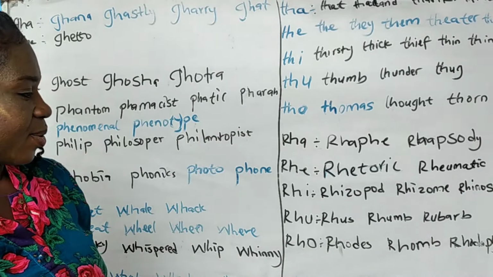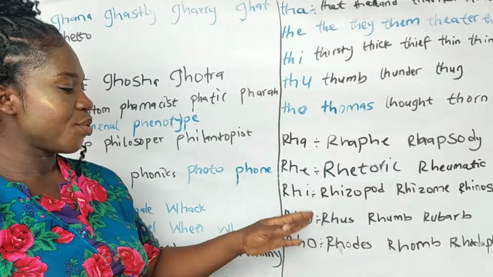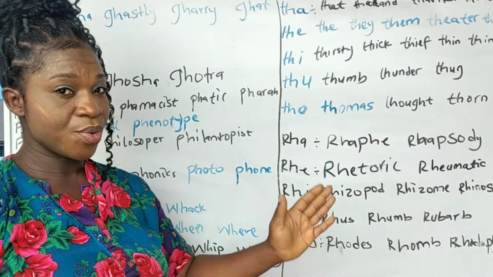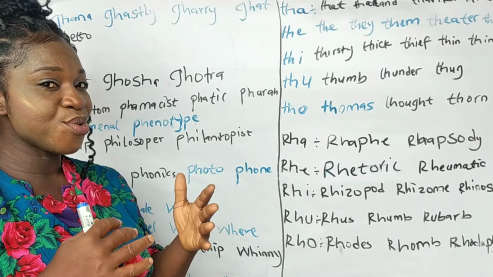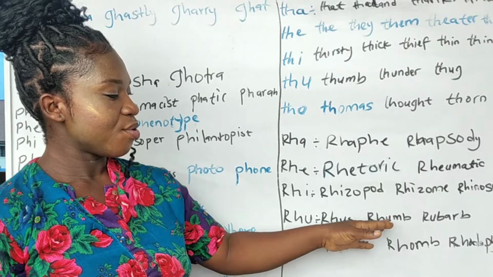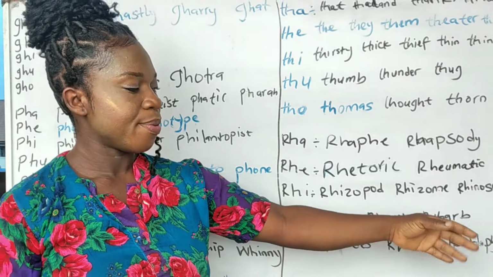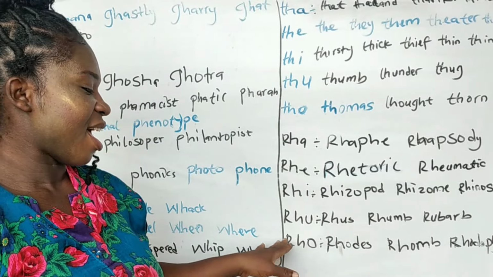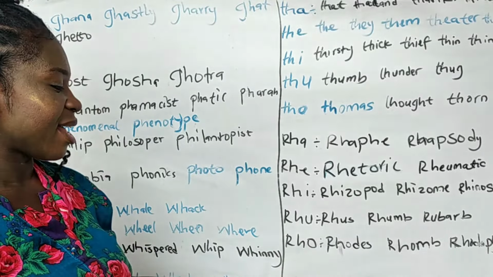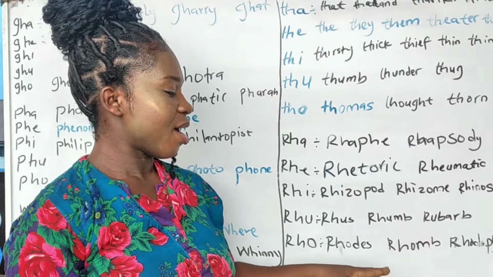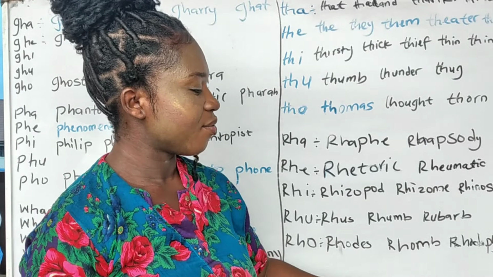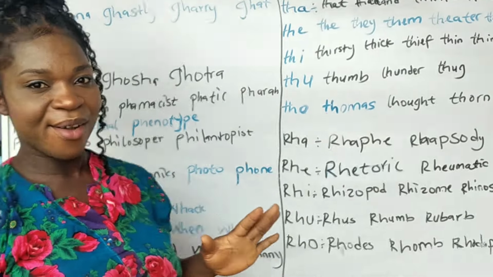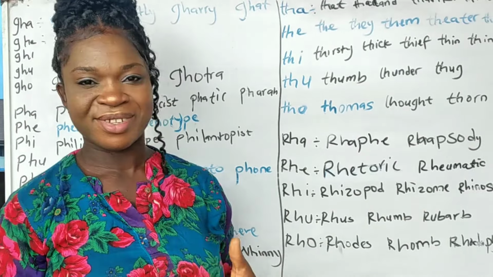Okay, so we have the rule, we have ruse, not ruse, ruse, we have room, we have rhubarb. Okay, so the last on this list is RHO, and that is Rhodes. We have Rome, and we have road fright. All right, you can go over it again on your own to see how well you are getting the pronunciation.